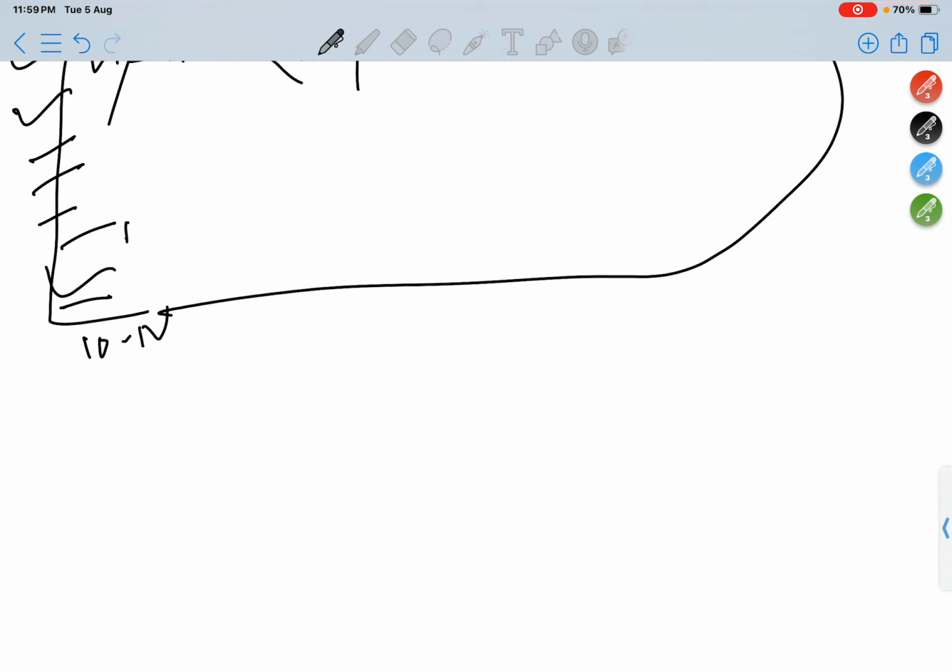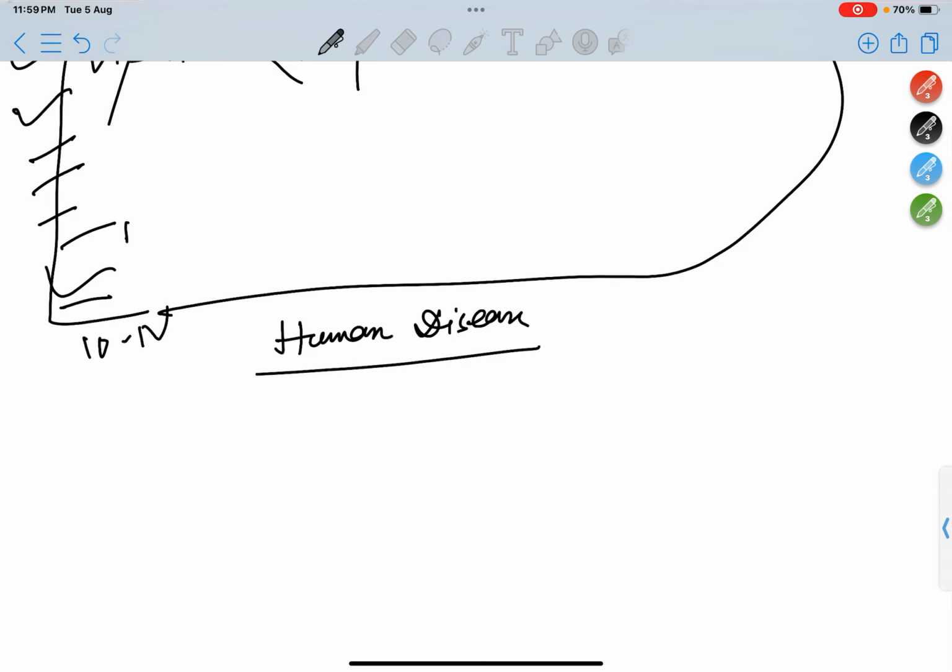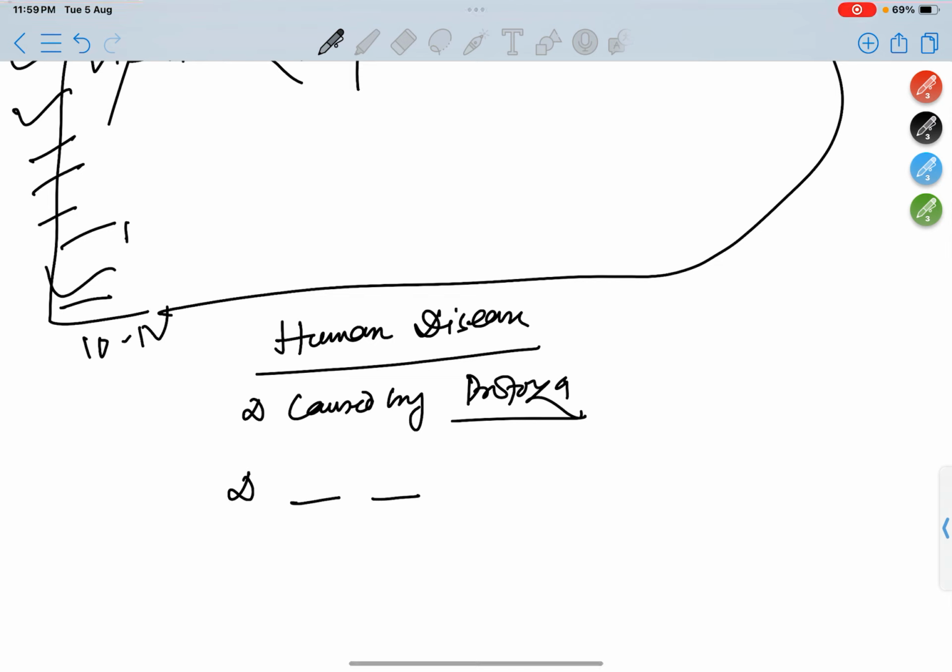The next important thing you should read is human disease. In human disease, what will you read? Diseases caused by protozoa. In the table you will get disease, affected organ, parasites, symptoms, in this way.